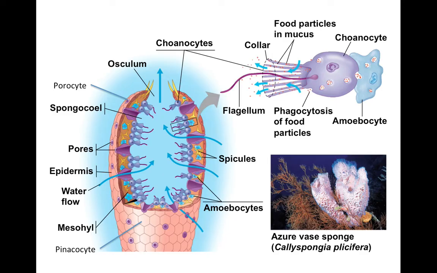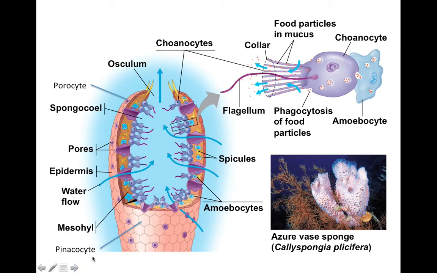And in asconoid sponges, the openings for water entry, called ostia, well, you don't see the ostia on here, are made up of individual porocytes. So the porocytes bring water from the outside into the spongiocele, where the food particles can be consumed by the choanocytes. Out on the outside, there is something like an epidermis in the sponge, and that is made up of another type of cell called pinacocytes.